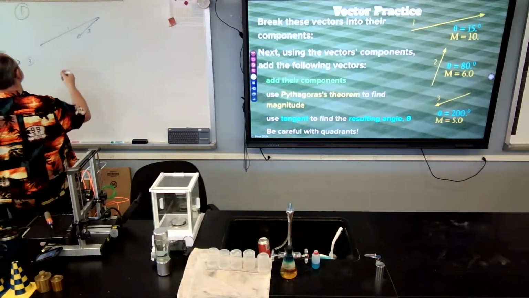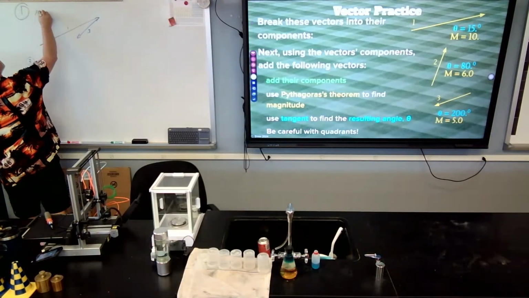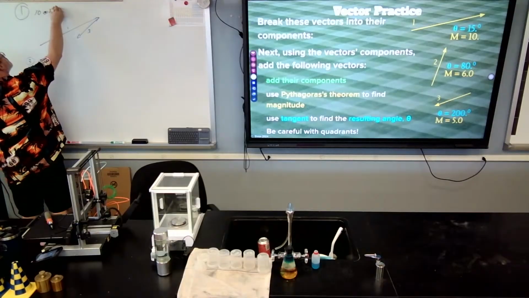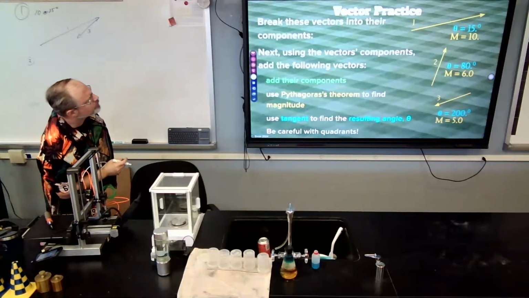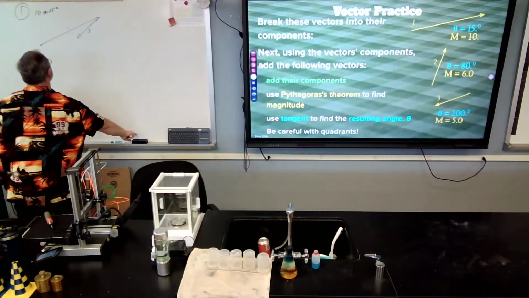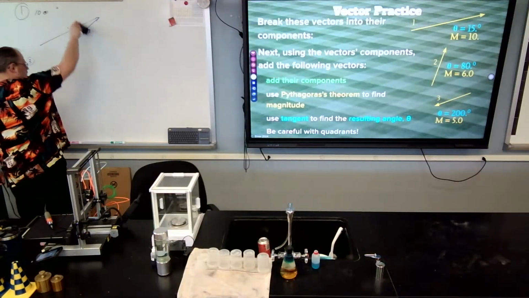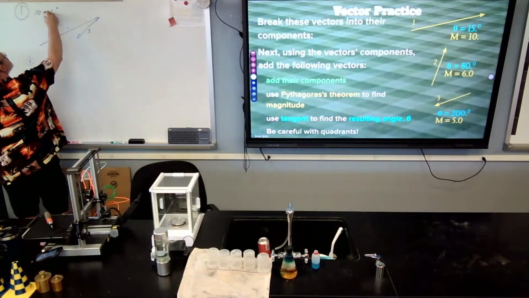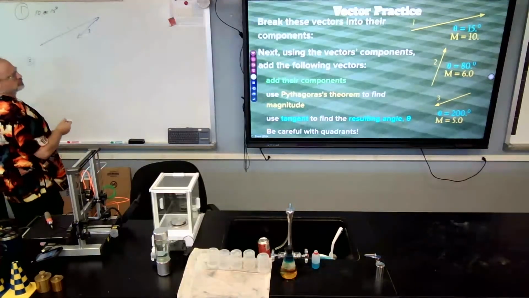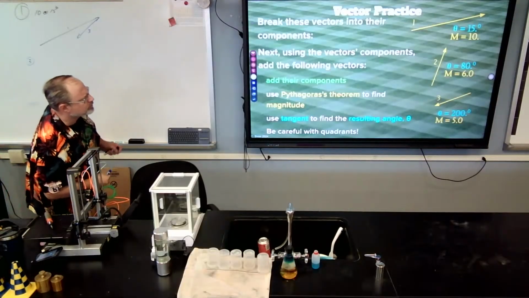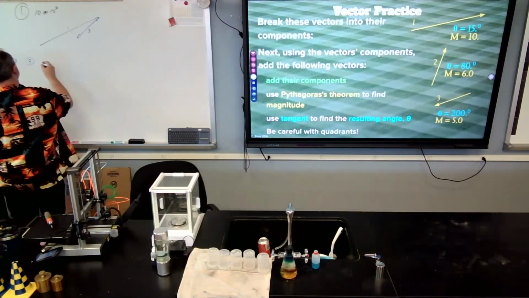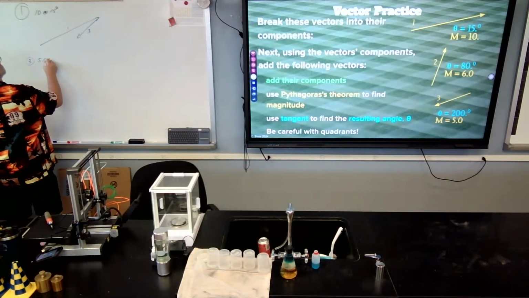Did you get 9.79? The x vector is 9.6. Alright, that's good. Now solve for y. y is equal to the sine of 15 times 10, so we have sine.